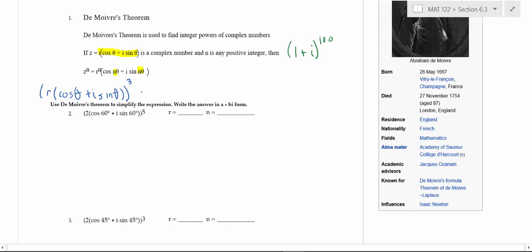It's actually very simple. So if we wrote this out 3 times, we would have r cosine theta plus i sine theta, and then we're going to write it out 2 more times like this. And you'll have to apply a rule that we learned in the previous section to really understand this now.